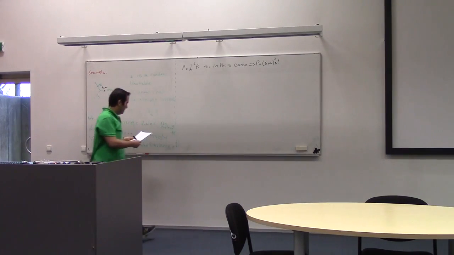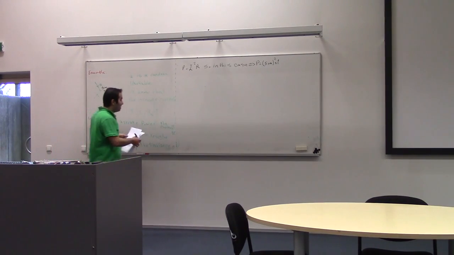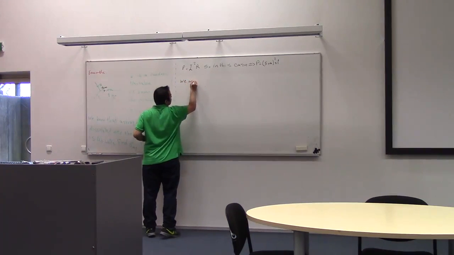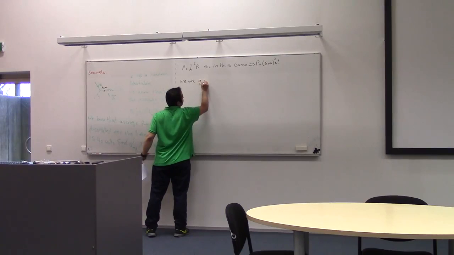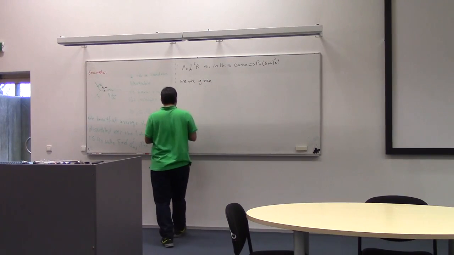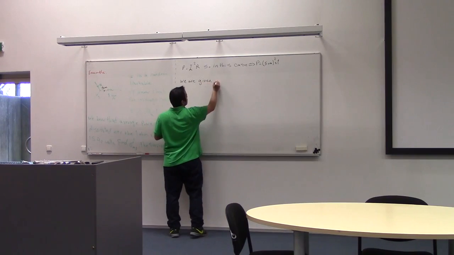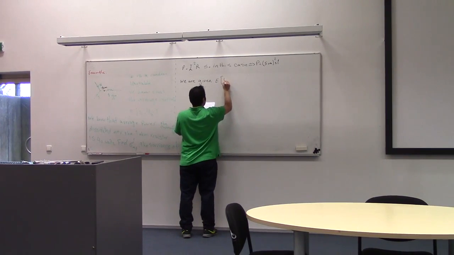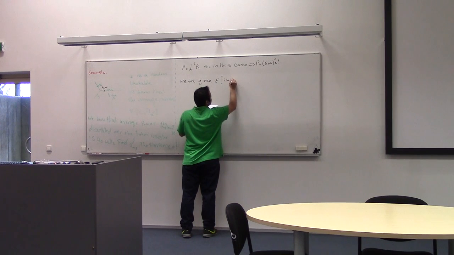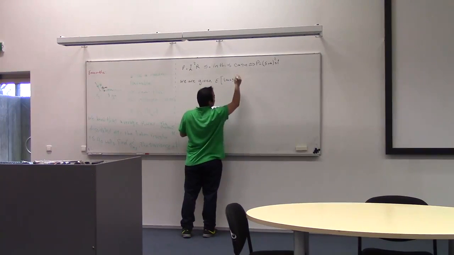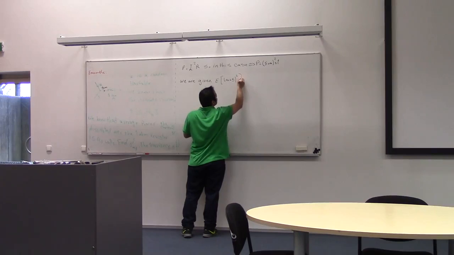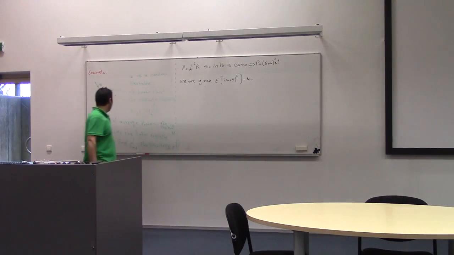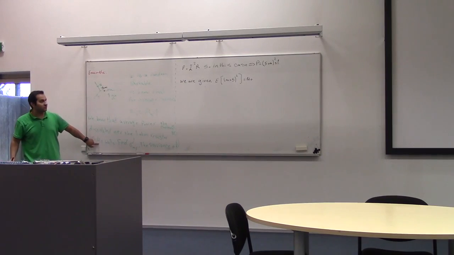Okay? And we are given that the expected value of 5 plus X power 2 is equal to 40, because we know that it's equal to 40.